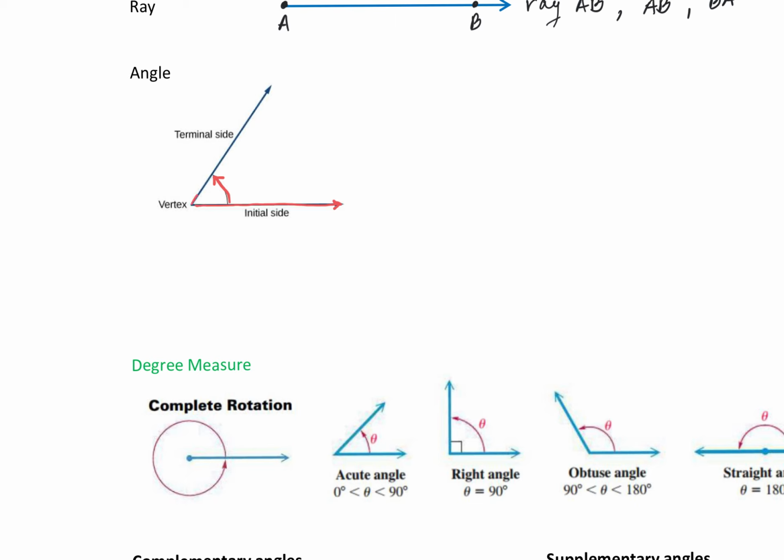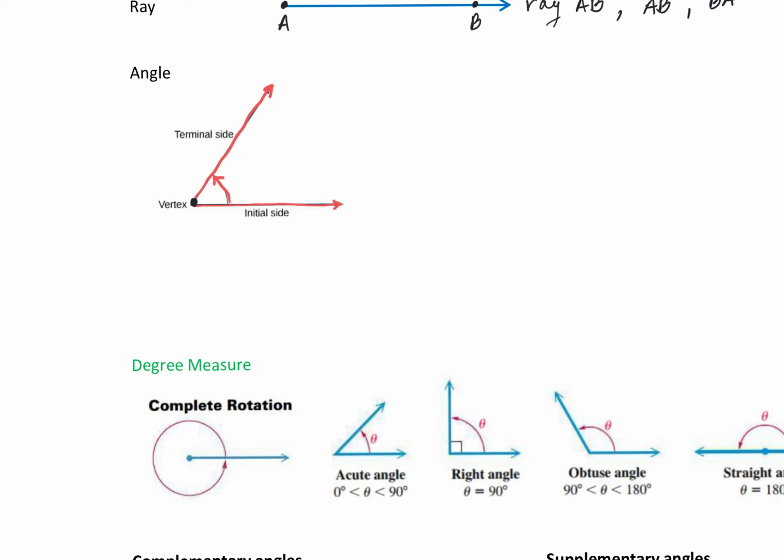And then we stop at our other ray, which would be the terminal side. So some initial side, go some distance, and at a terminal side. This common point that the two rays have, they share the same endpoint, which we call a vertex.